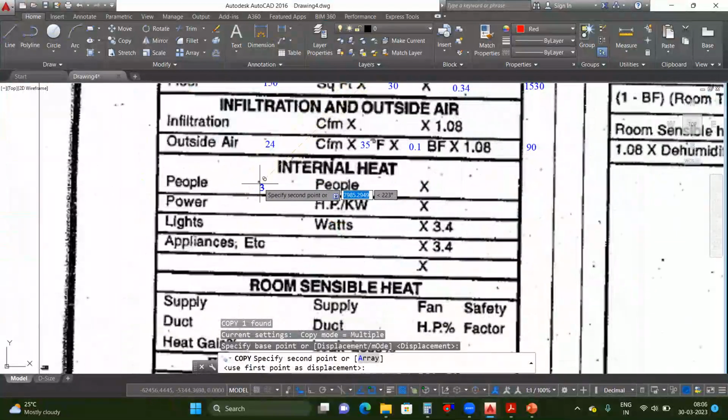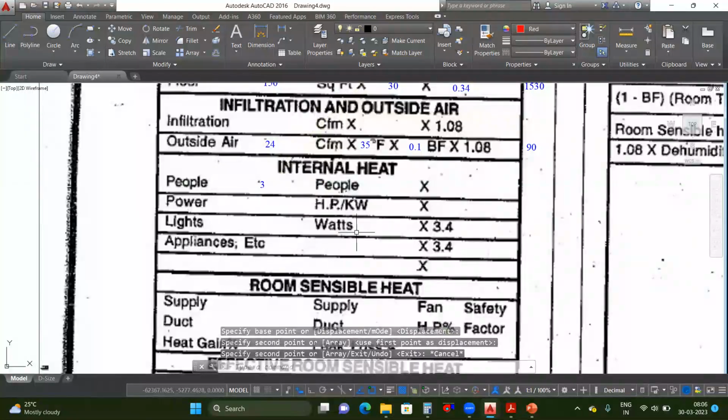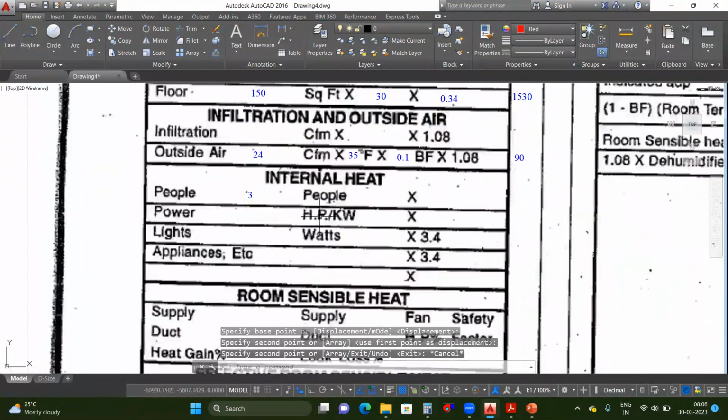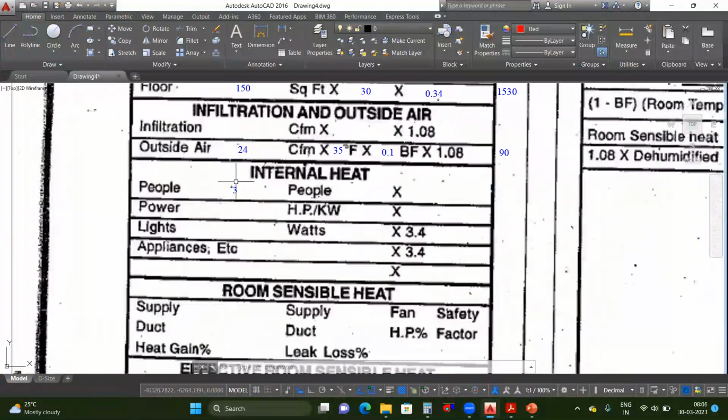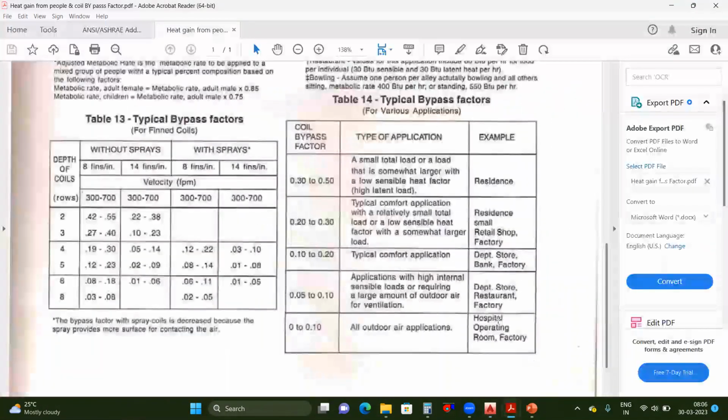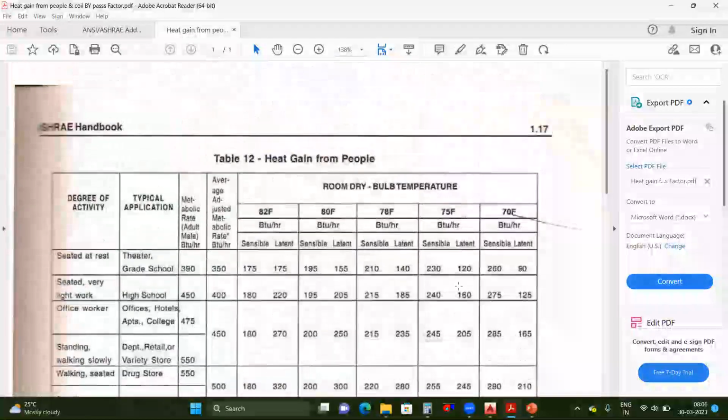People is internal heat, so people is 3. And each person has some sensible and latent load. For this we need to go to the data again, in table 12.